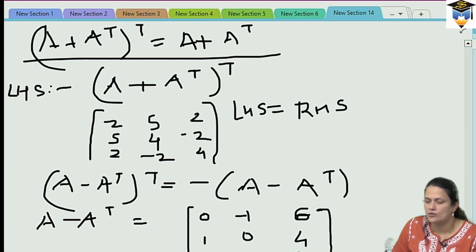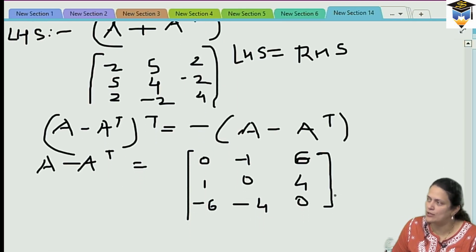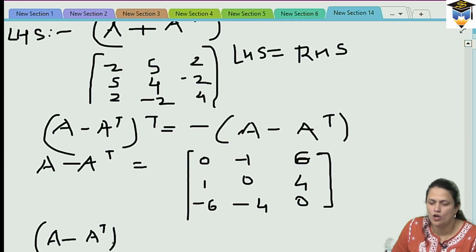Okay. So this is our A minus A transpose. Now let us find out transpose of this. Now let us find out A minus A transpose of transpose. That means again rows will be converted to columns. So it is 0, minus 1, 6, 1, 0, 4, minus 6, minus 4 and 0.